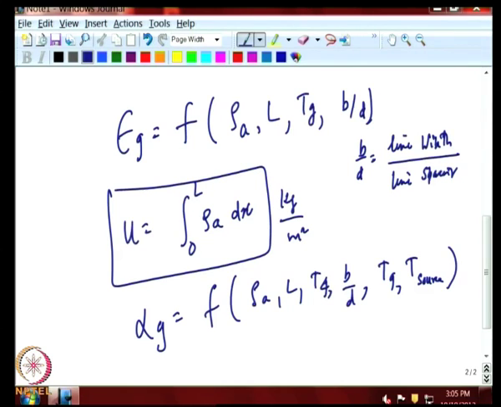Emissivity on integration depends only on the temperature of the gas, while absorptivity depends both on the temperature of the gas and temperature of the source from which radiation is emitted. That also influences your absorptivity of the gas. Now, how do these emissivity charts look like? I will give you examples and we will take up a detailed presentation later.